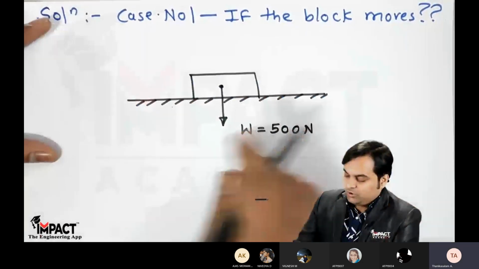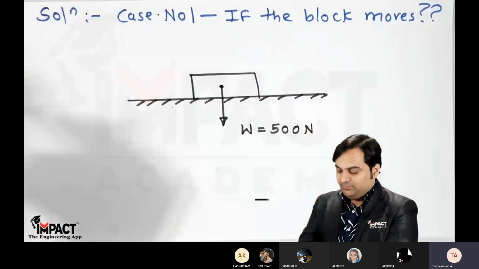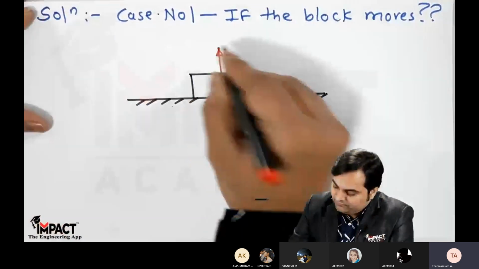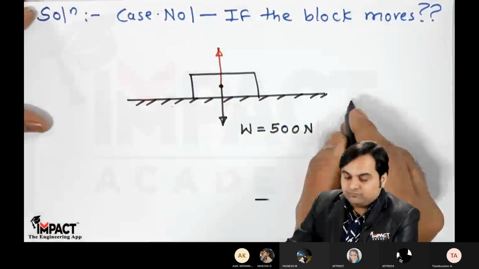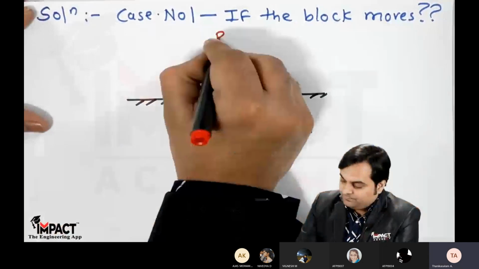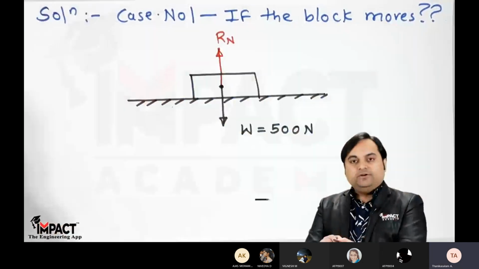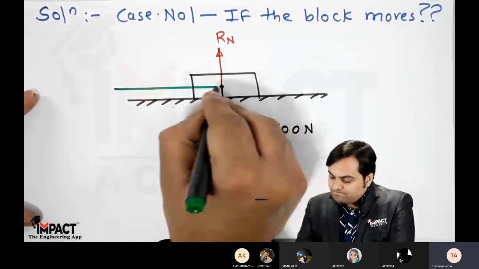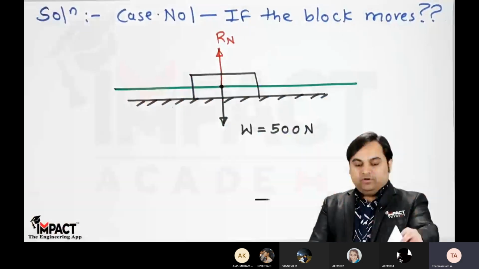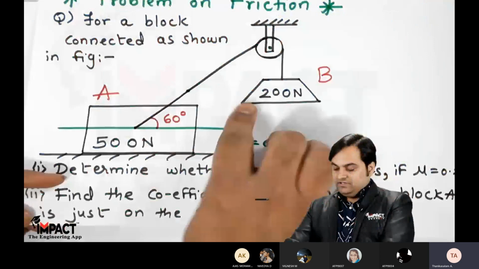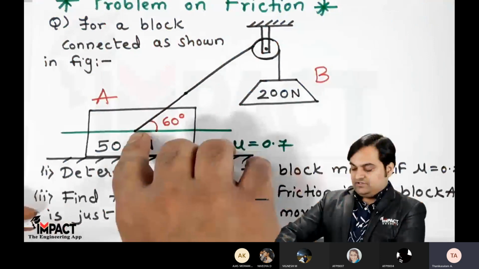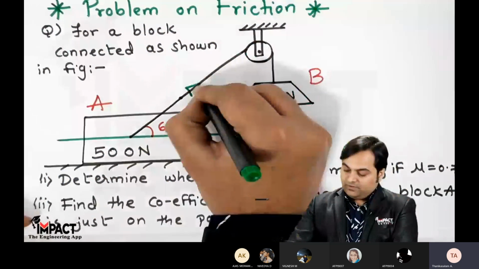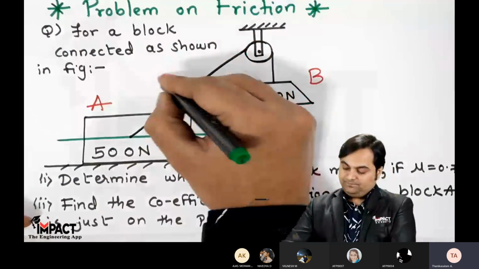Opposite to this weight, on the same line of action, will be the normal reaction offered by the floor on which the block is kept. At the same time, they had given a 200 Newton weight. That 200 Newton pull is acting at an angle of 60 degrees.